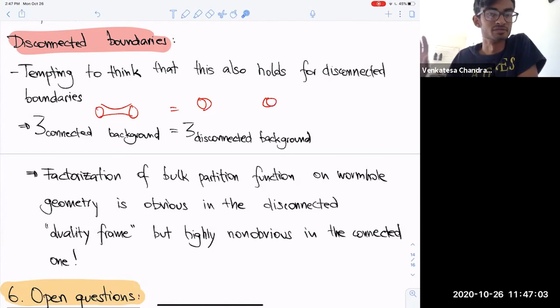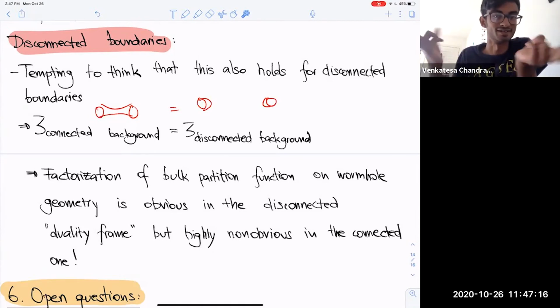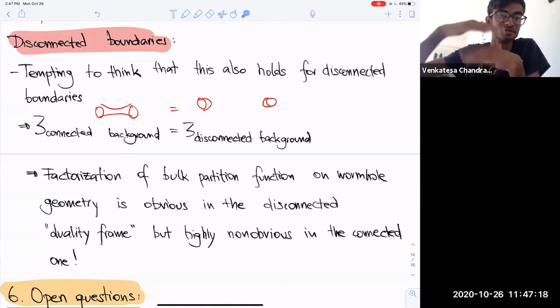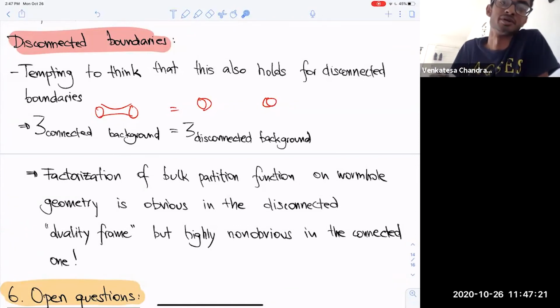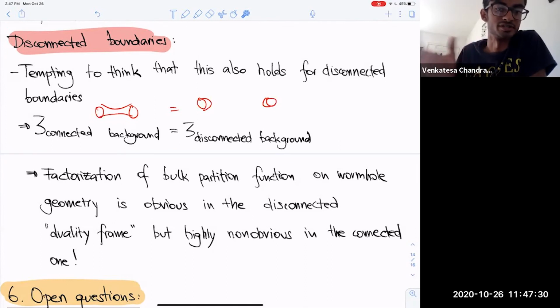Jafferis, Maloney and Maxfield have some arguments that you should expect topology changing configurations to be gauge dependent, because there's a non-zero transition amplitude from one to the other in pure gravity. So you shouldn't really think of them as two separate terms in the partition function. They're really the same thing. So I'm curious if this higher spin symmetry you mentioned is related to this.